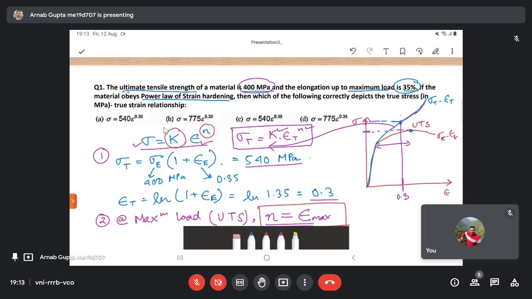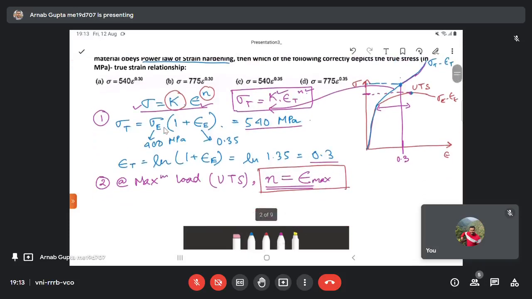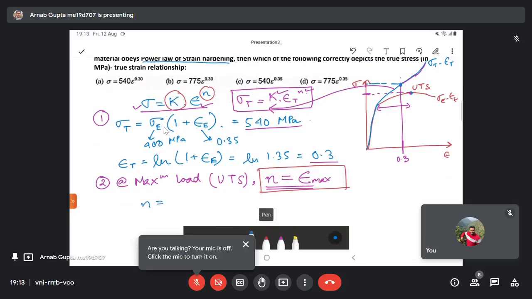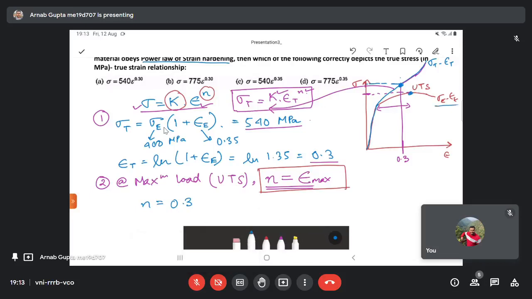Now the problem becomes easy. You can directly write n equal to 0.3, because this is the maximum point. Maximum means the maximum on the engineering stress, engineering strain curve, not on the true stress curve. It is the maximum loading point, the ultimate tensile strength point, that I'm talking about.